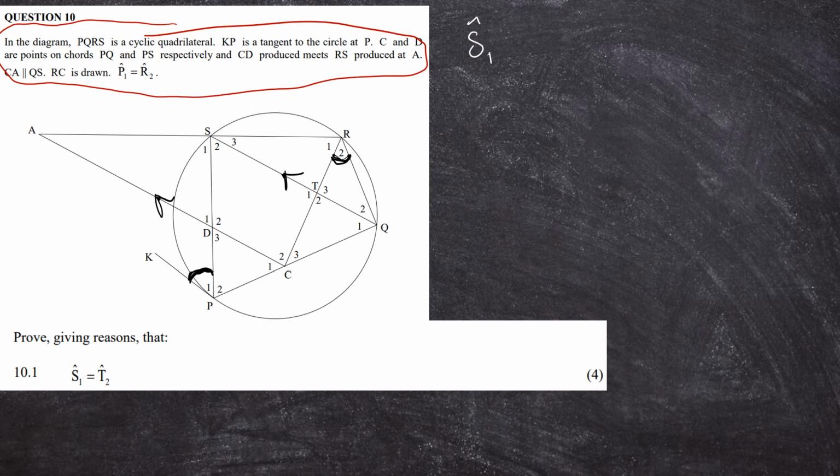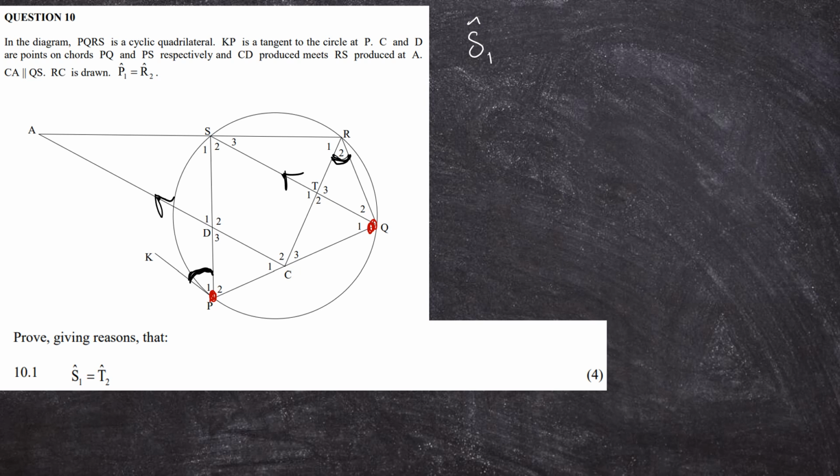Okay, so they've given us that PQRS, and you can see the corners are on the circle. This is a cyclic quad. Meaning that our angle S1 here will be an exterior angle of a cyclic quad. What do we know?